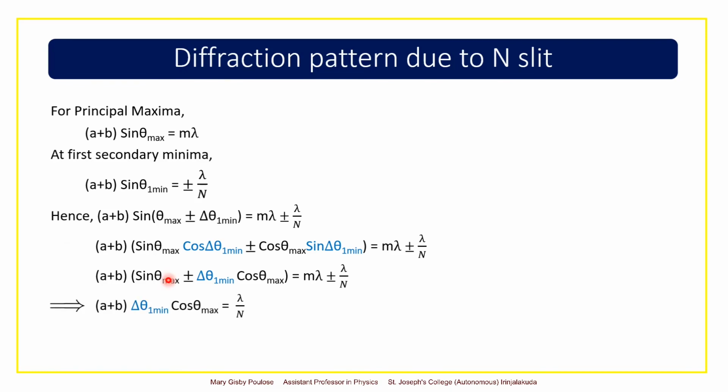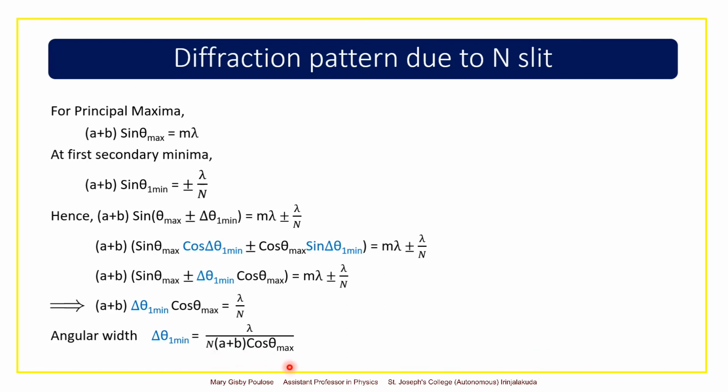Now from this expression, (A plus B) sine theta max is given as m lambda, so that can cancel out this m lambda, and the remaining term will be (A plus B) delta theta 1 cos theta max is equal to lambda by n. Thus we can write the angular width delta theta 1 minimum is equal to lambda divided by n (A plus B) cos theta max.